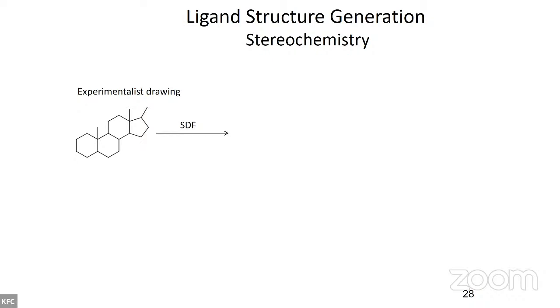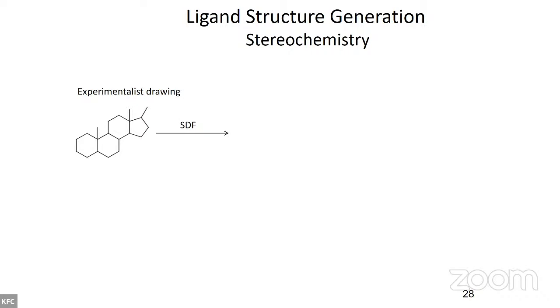And here is another problem. Experimentalists sent us some structures from their ChemDraw, and it's a steroid structure, so all the time they knew that it looks like that, and they don't care more. When we asked them, okay, can you send us an SDF file, a structure data file?